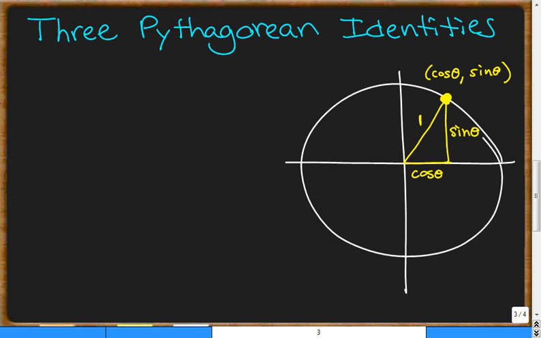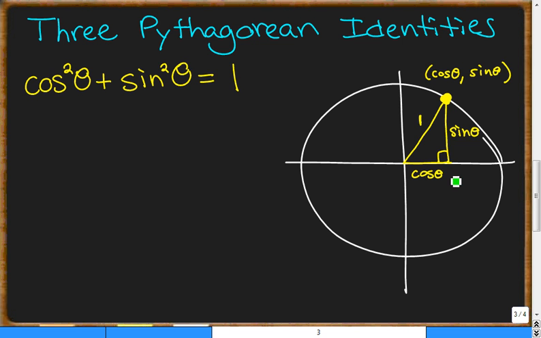It's called the Pythagorean identity that says that no matter what, because we know this represents a right triangle, we can say the following always, that the cosine squared of theta plus the sine squared of theta equals 1. Always.